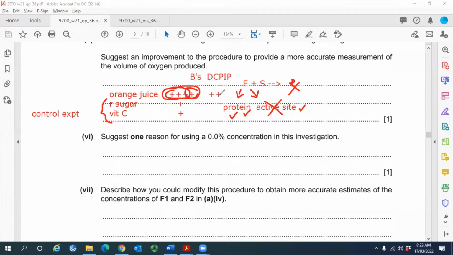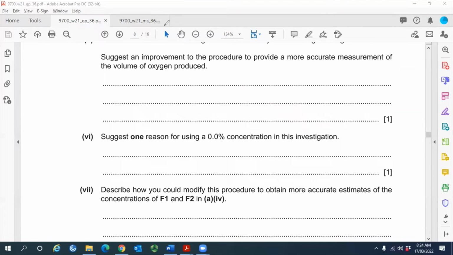So I got a positive, but I do not know whether it's overestimation, underestimation, or accurate estimation. So I have to do the control experiment. So let's say reducing sugar is negative, then vitamin C is positive. Then you know that whatever estimation for vitamin C in orange juice is accurate. So this is the meaning of control experiment. Okay, so please make sure you understand the concept of control experiment here.